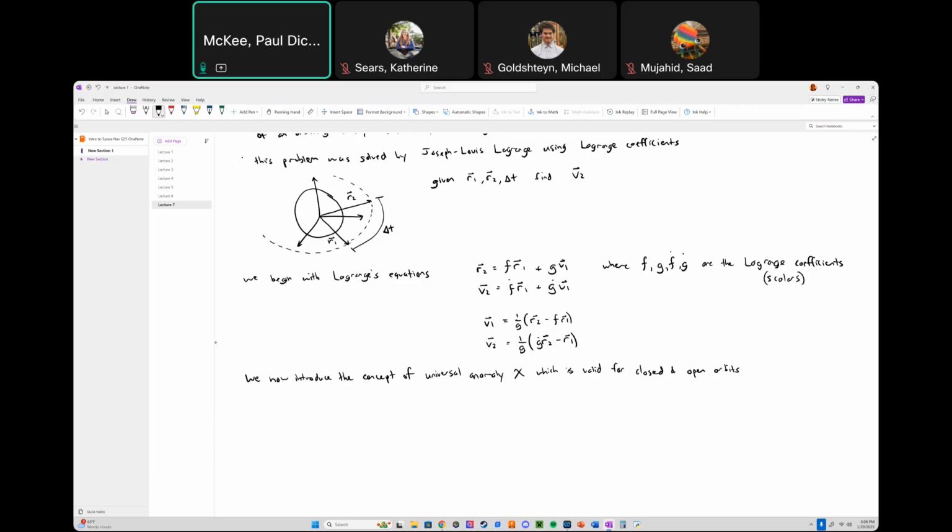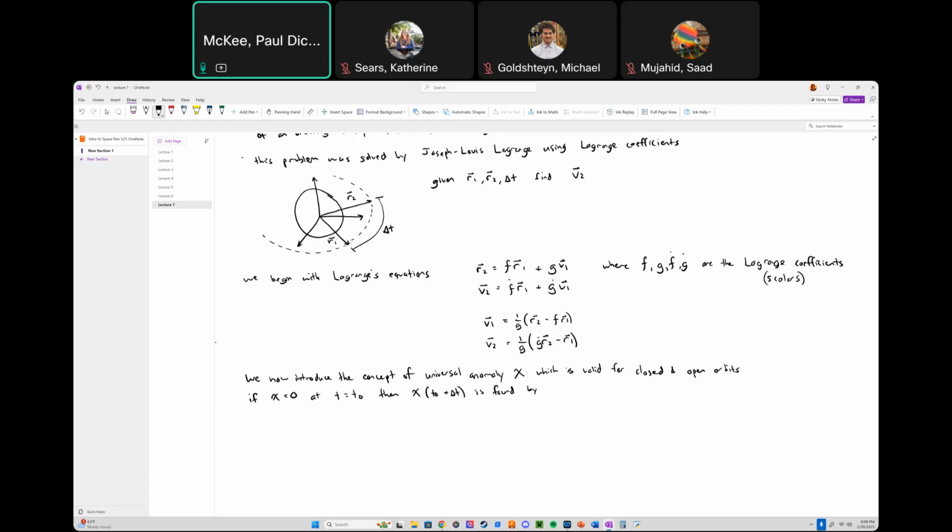Right? If chi is 0 at some initial time, so t is t naught, then chi at some future time, t naught plus delta t, is found, sounds like Kepler's equation, right?